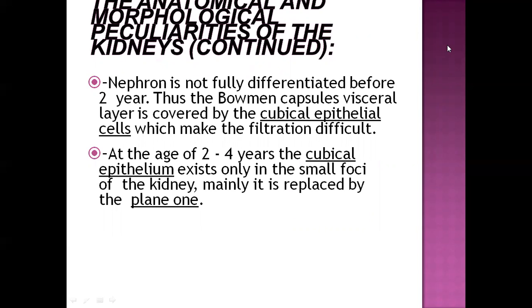So anatomically and morphologically, the kidneys continue to develop. Nephrons are not fully differentiated before 2 years. The Bowman capillary layer is covered by cuboidal epithelium cells, which make the filtration difficult. At the age of 2 to 4 years, cuboidal epithelium exists only in small foci of the kidney, and is mainly replaced by the plain one.